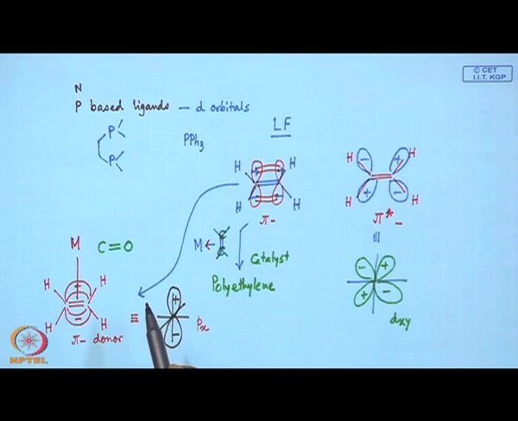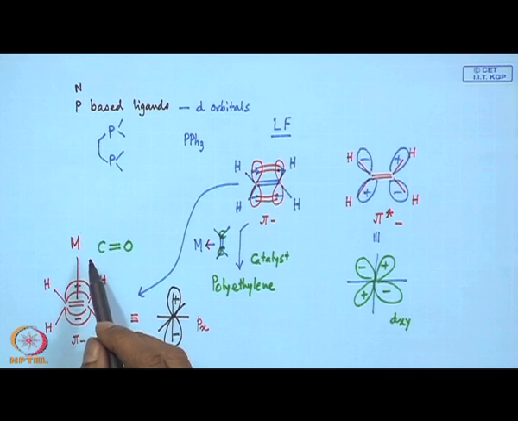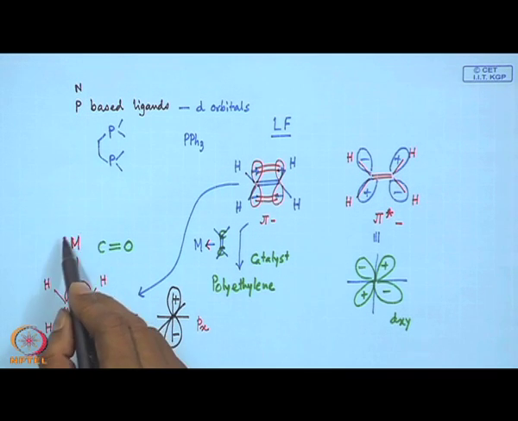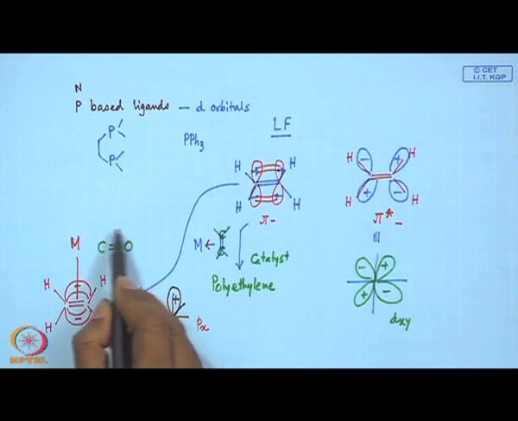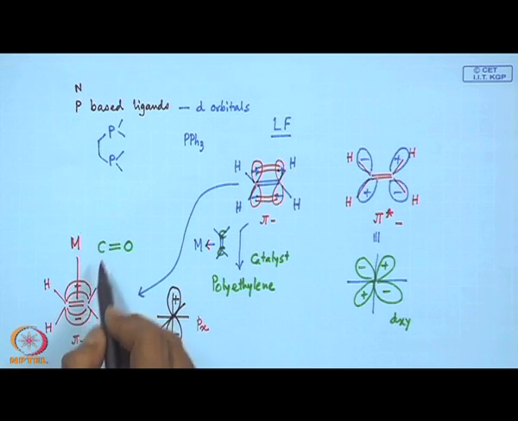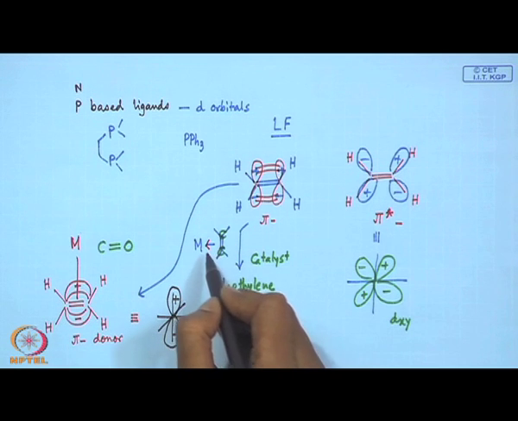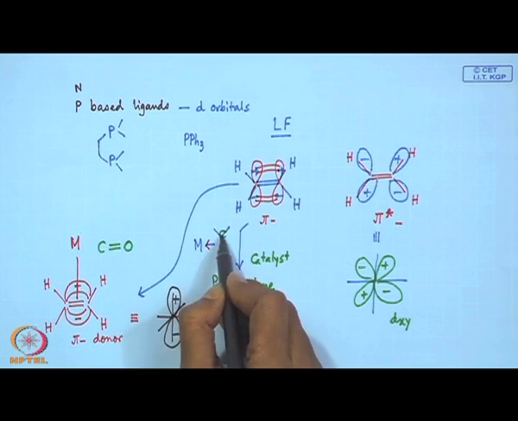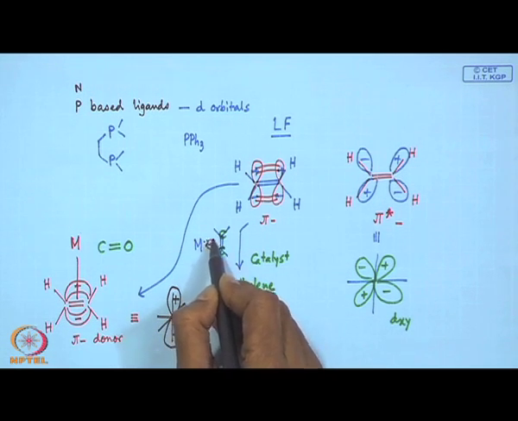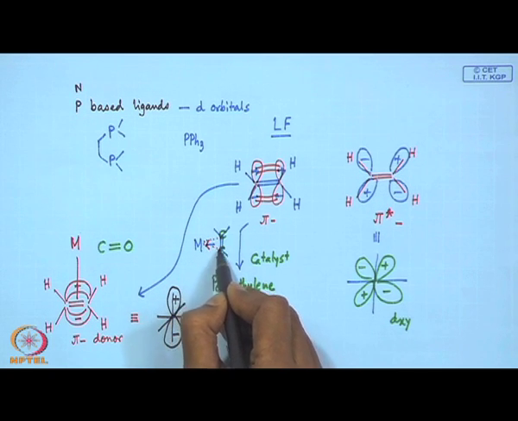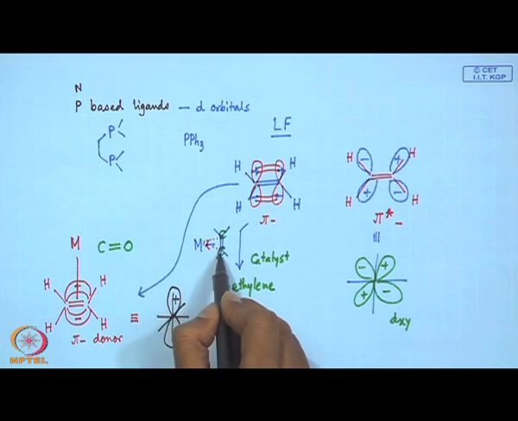We have the metal ethylene interaction, and in some well-known complexes, such as the Zeise's salt complex, this particular transition metal center is present along with some other groups like carbon monoxide, and the ethylene group is there. The distances between the metal center and the two carbons of ethylene are the same.